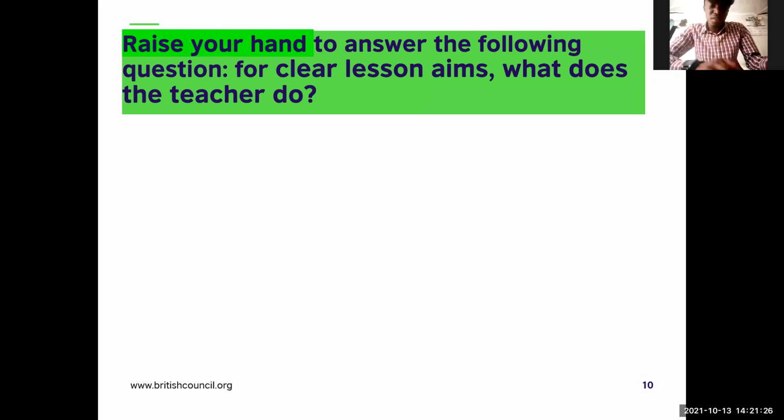I see that to give clear aims of the lesson, as the previous speaker said, for example, in our country, DRC, we have what we call the curriculum. From the curriculum, there are some objectives which are assigned for each lesson.